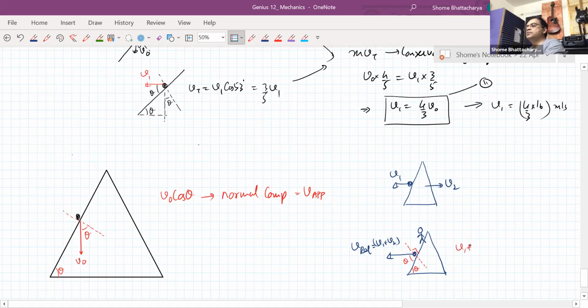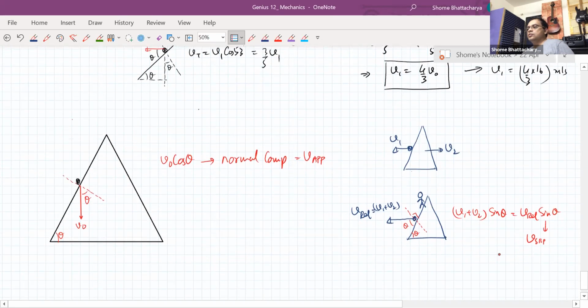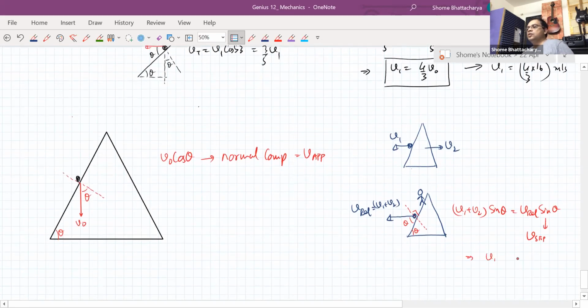So V1 plus V2 into sin theta is the relative velocity component, which will become the V separation. So V1 plus V2 into 4 by 5 is equal to V separation, whereas V0 into 3 by 5 is equal to V approach.